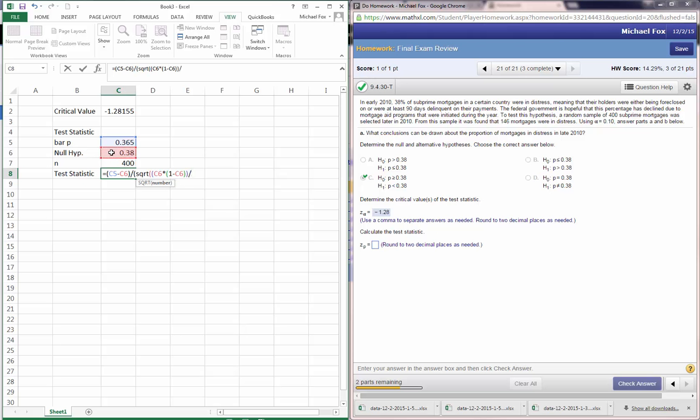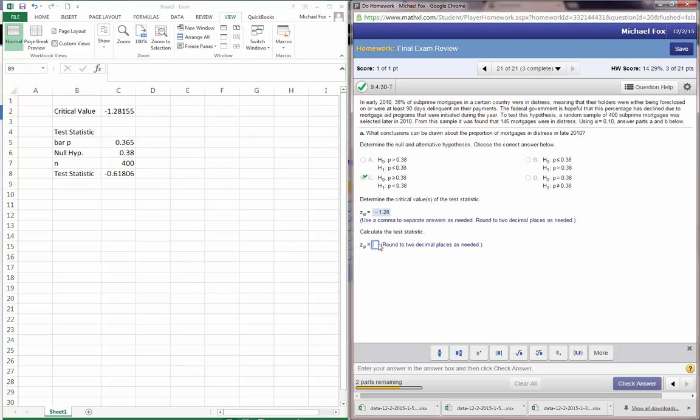And we'll divide that by N. And that gives us a test statistic of negative 0.0 0.62.